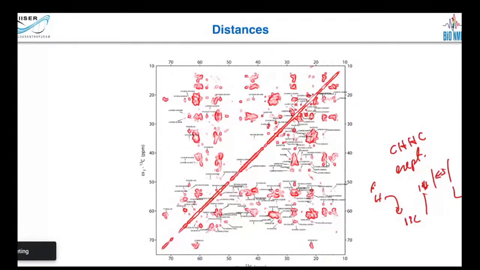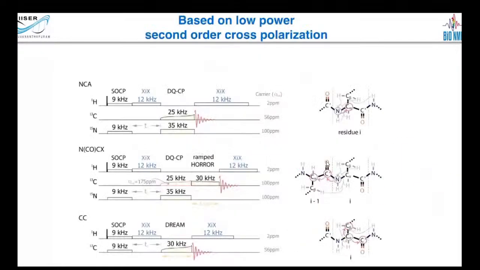Again, for each of these peaks, if there is a cross peak, that means they are close to each other, within a distance of 6 angstrom. It's not 5 angstrom, it is 6 angstrom. That's all.